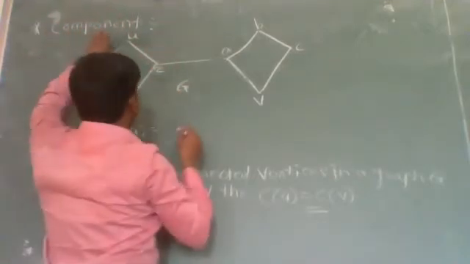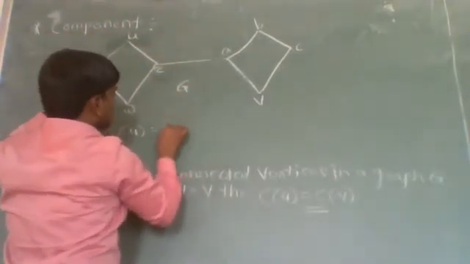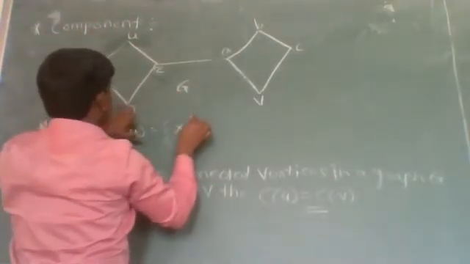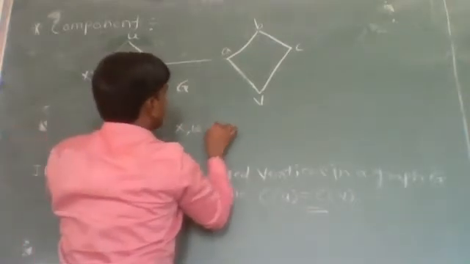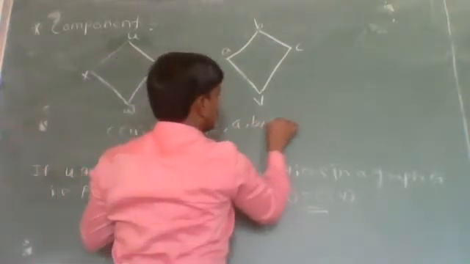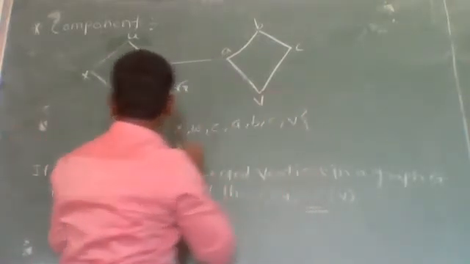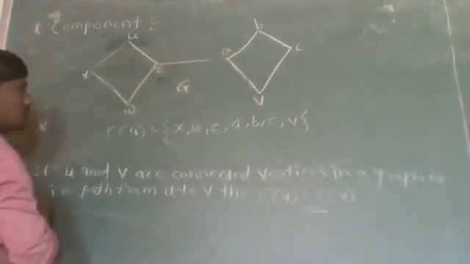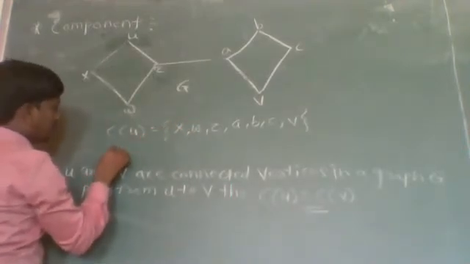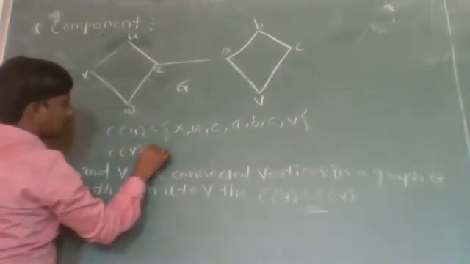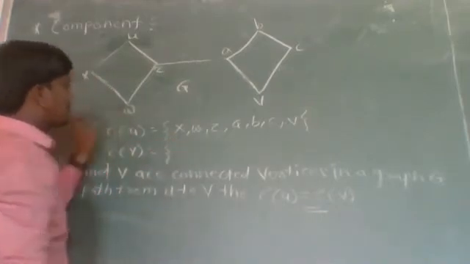So C of U contains X, C and V. And if we find C of V, it contains the same vertices.